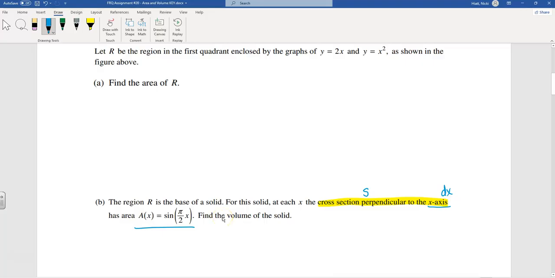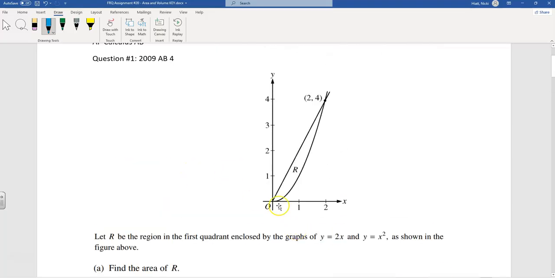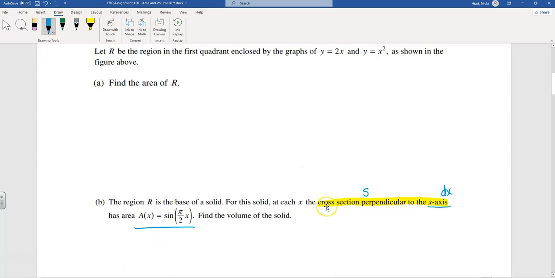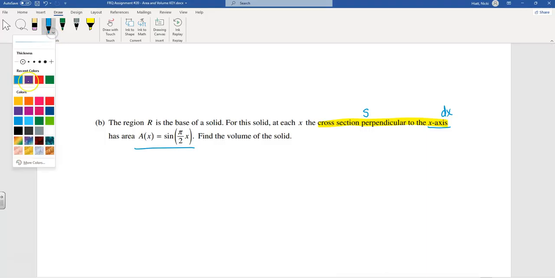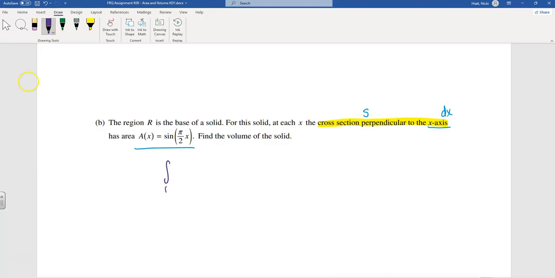You just need to integrate for the interval that you need to look at, which for this problem, the x-axis is 0 to 2. So all you're going to do for this problem is integrate from 0 to 2 of sine of pi over 2x dx.